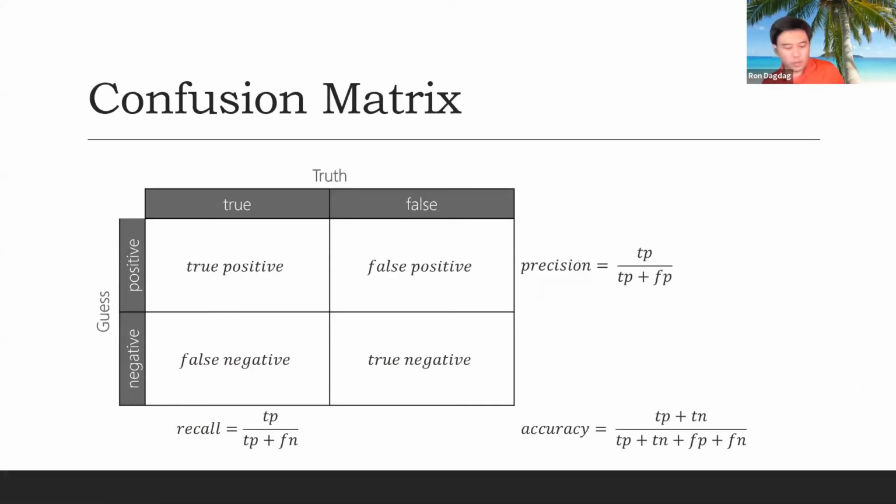So in terms of a confusion matrix, we're trying to figure out, okay, based on the guesses and truth, this is how you would figure out the accuracy of your formula or your system. There are true positives, false positives, false negatives, and true negatives, and the calculation between the recall and precision.